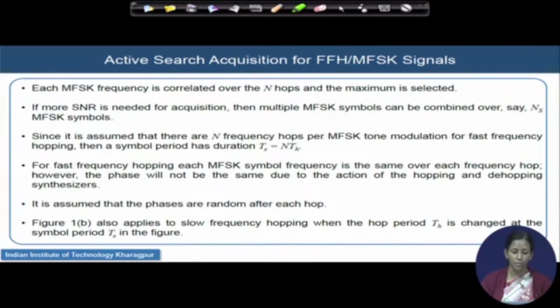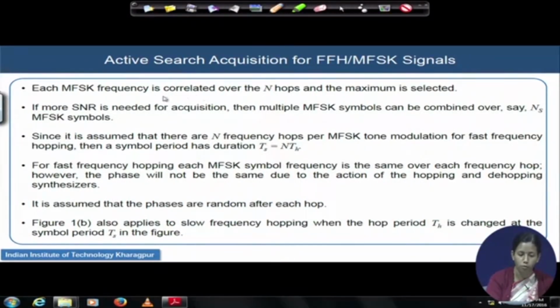If the MFSK frequency is correlated over the capital N hops, it should be, because as I told you, if it is an FFH signal, the same signal is transferred once in hop number 1 and frequency number 1, and then it was actually driven to the other frequency to hop. So, the component of the same signal is there over the multiple hops.